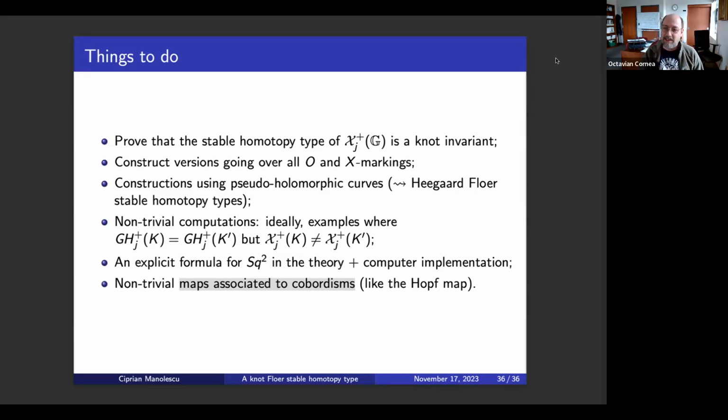Is there any progress on understanding why one version is no longer used? Maybe there's a problem with applying this construction. I'm not too familiar with this. I just have a vague memory of that.